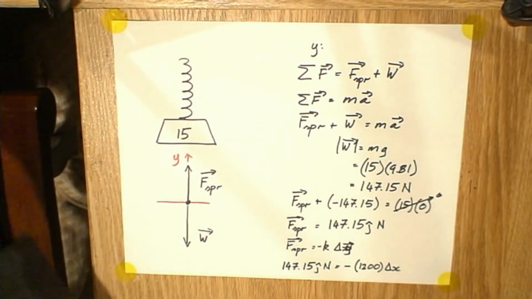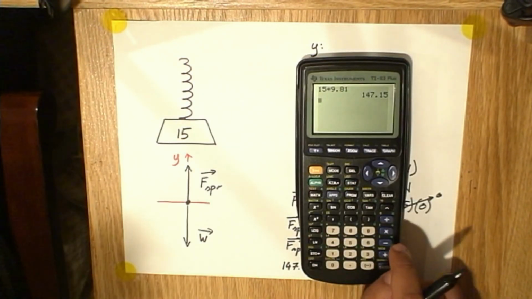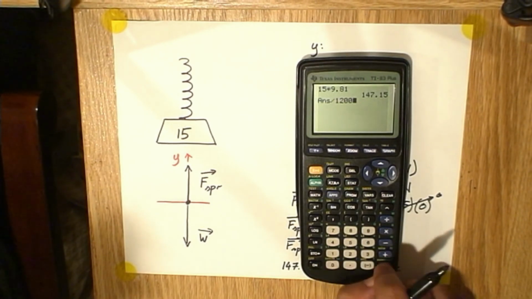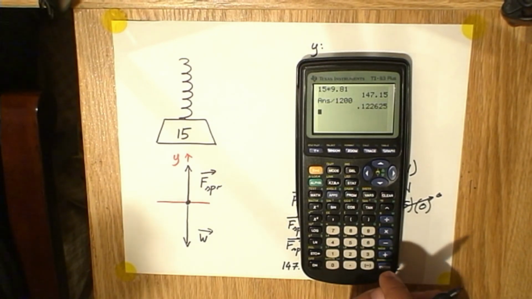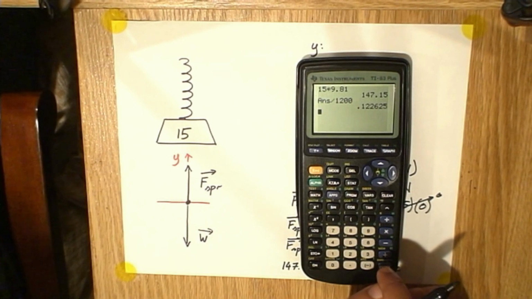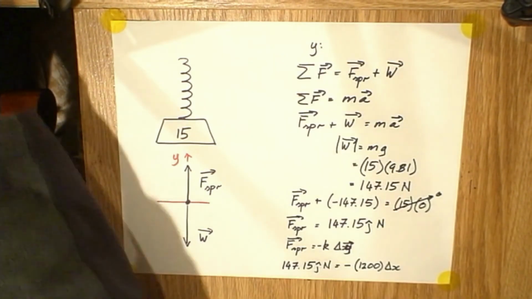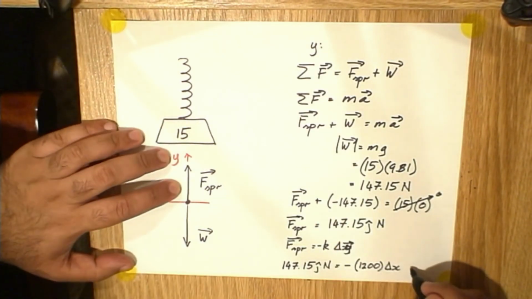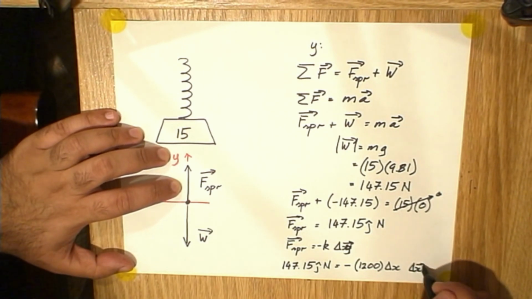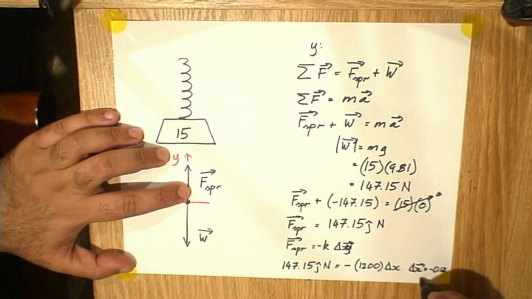So 147.15 divided by 1200 gives us delta x of about 0.12 meters. More correctly, it's negative 0.12 meters.